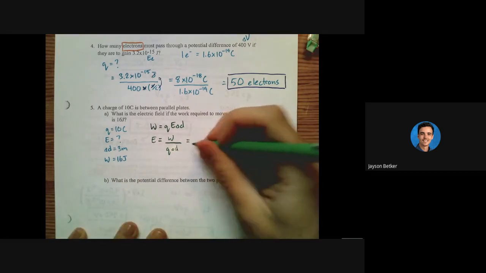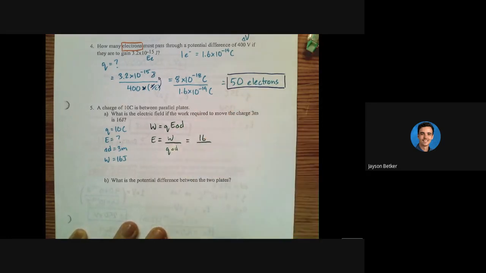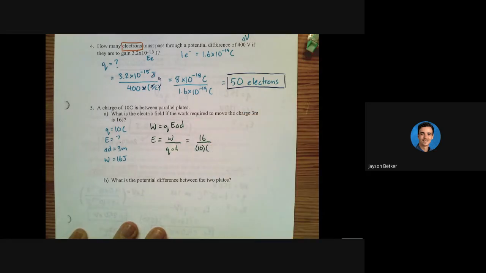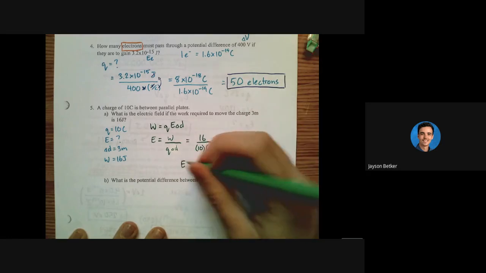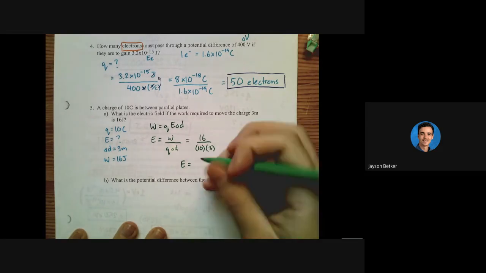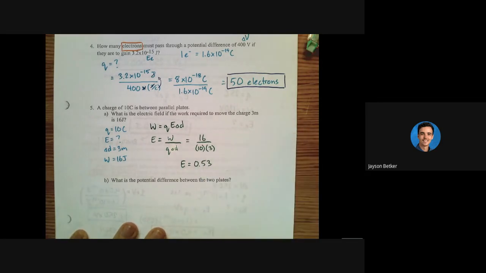If I do that, my work is 16 and my charge is 10. All these numbers are so nice and whole. And 3. If I plug all this in, the electric field is 16 divided by 30, which is 0.53. And what do I measure electric field in?